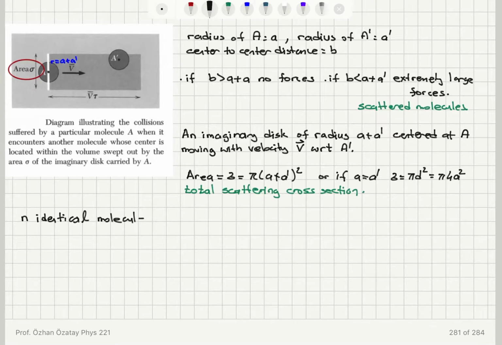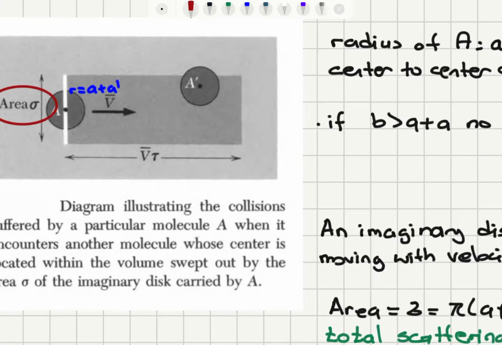So if we have n identical molecules per volume, we would have the volume swept by this imaginary disk, sigma V bar tau, multiplied by the number of molecules per volume, equal to 1 in order to have a collision. You can see there's already a half of this molecule that is inside this volume.